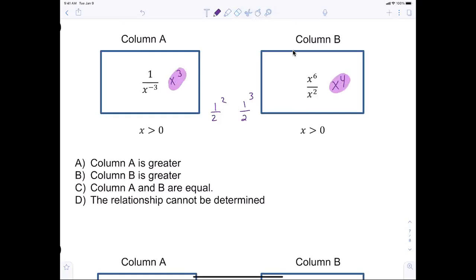Which one's bigger? 1/2 squared is bigger. Now remember, if you take half of a half, that's a fourth. If you take a half of a half of a half, that's what? An eighth. Which one's bigger, a fourth or an eighth? 1/4 is bigger. So technically the correct answer here is what? A is greater than.